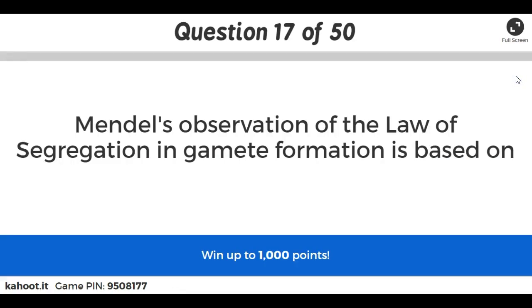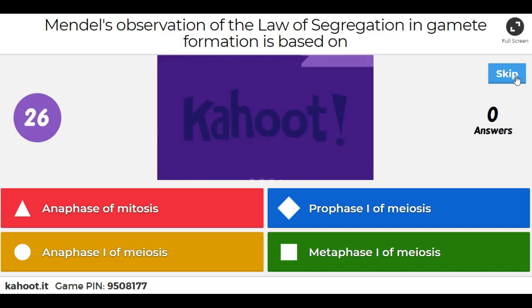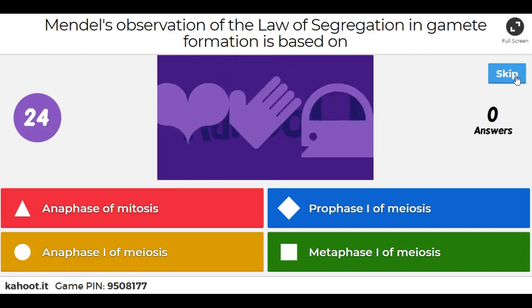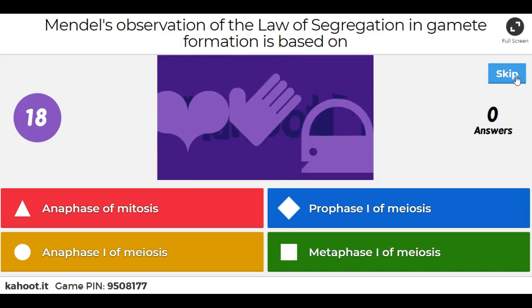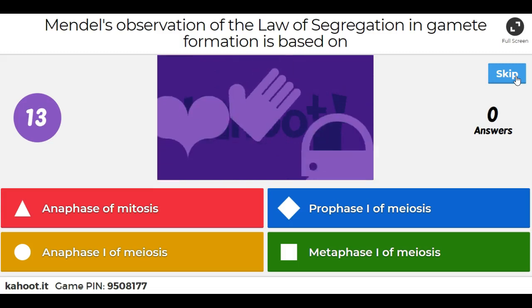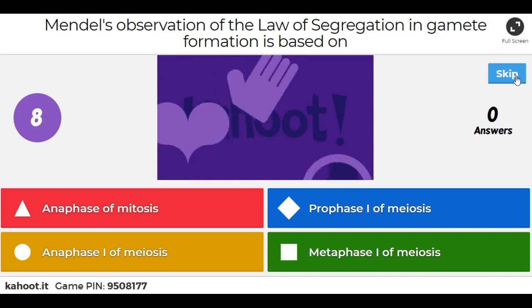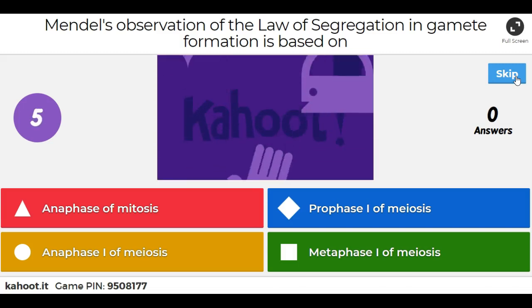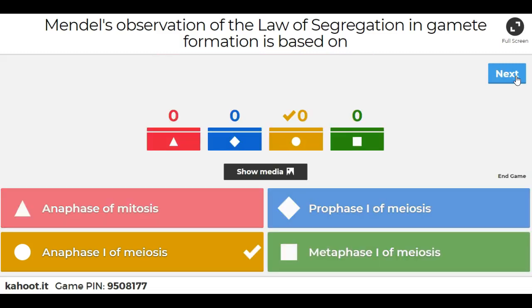All right, question 17. Mendel's observations of the law of segregation in gamete formation is based on... All right, so this would be anaphase 1 of meiosis.